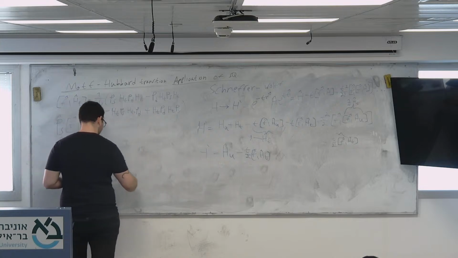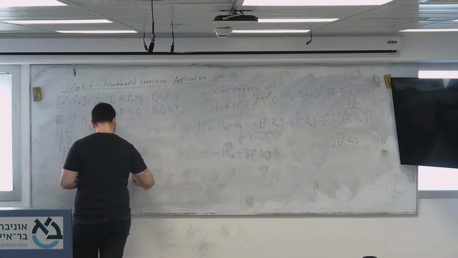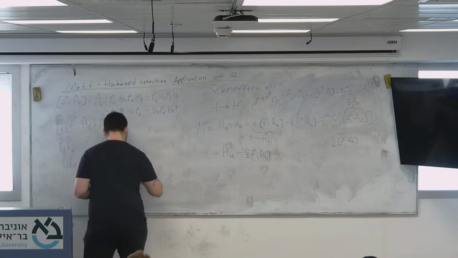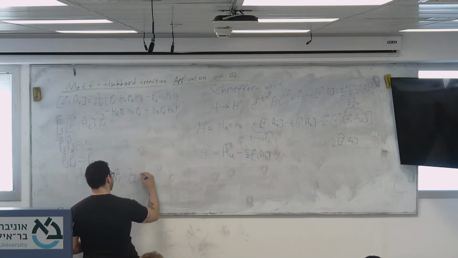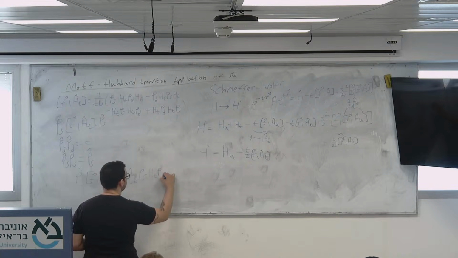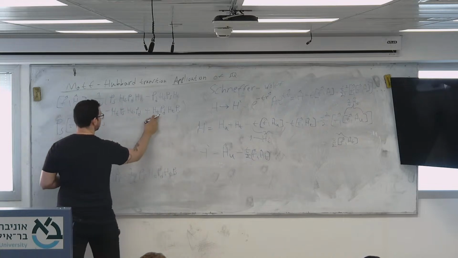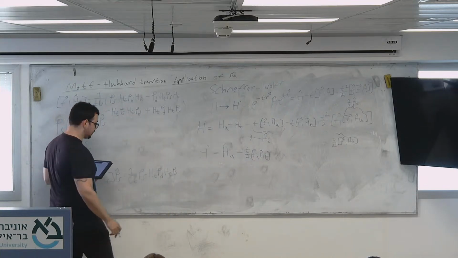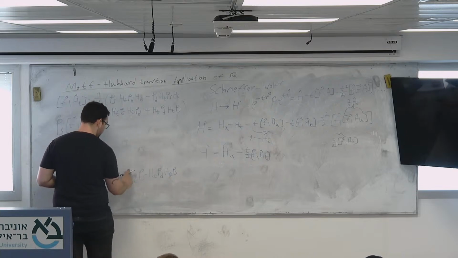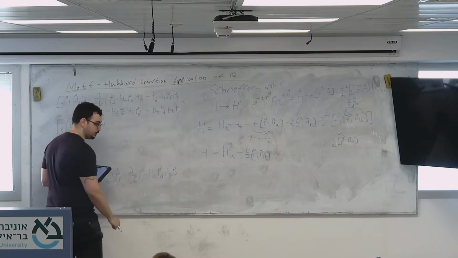The first term will be 1 divided by UT, PS HT PD HT PS. And we'll see that the second term will be exactly the same. So instead of 1 divided by UT, it's 2 divided by UT.